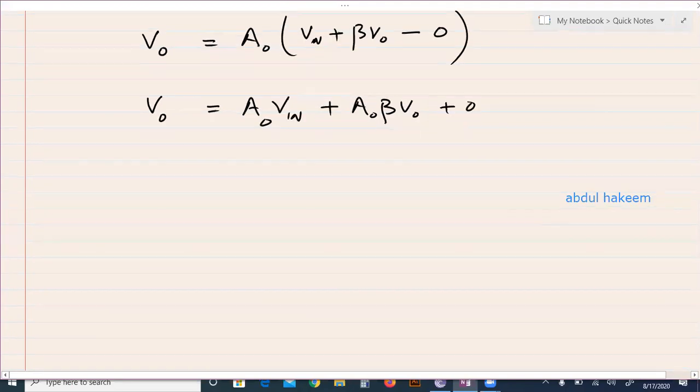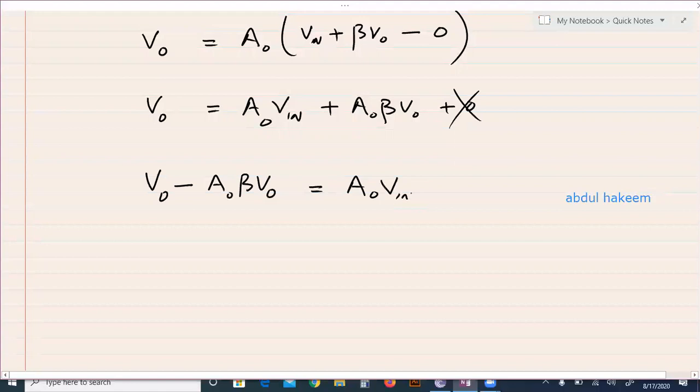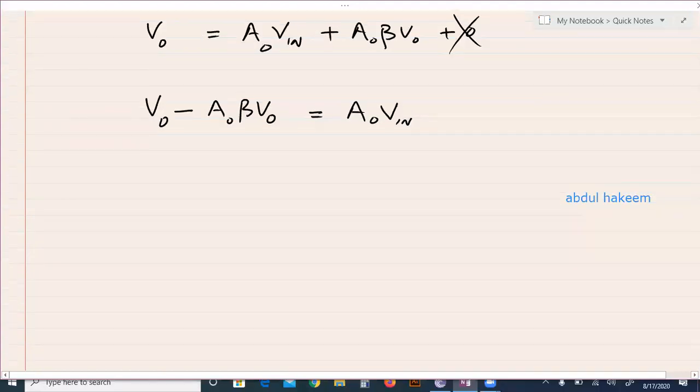So we can rearrange it. So output minus A naught beta output voltage is equal to A naught Vin. And on the left side, V output is common, which can be written as 1 minus A naught beta, equal to A naught Vin.